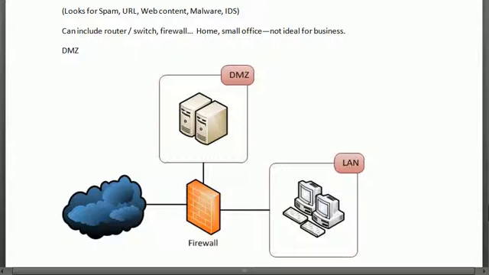Last term for the day, DMZ, the demilitarized zone. You have an internal LAN. That LAN will have resources on it, file servers, email servers, print servers. None of those services should be visible to the rest of the world at all. However, there may be some devices on your network that you do want visible to parts of the world or even to most of the world.